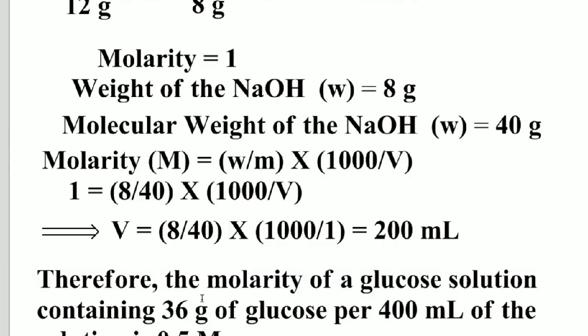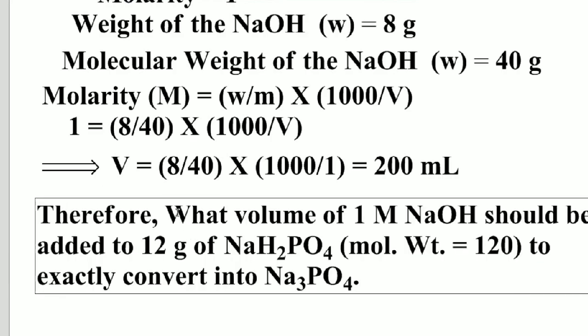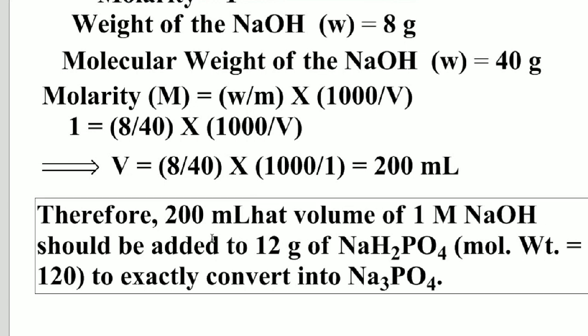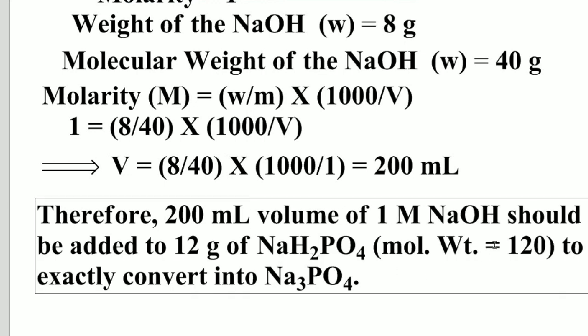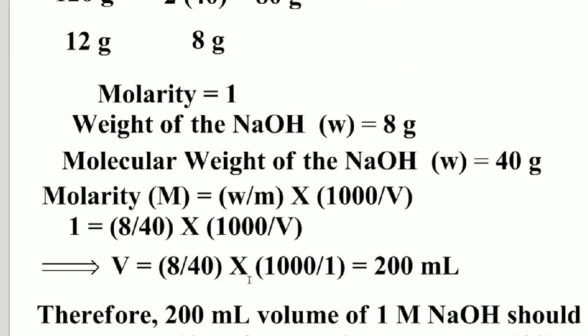Therefore, 200 ml volume of the 1 molar NaOH should be added to 12 grams of NaH2PO4 to exactly convert it into Na3PO4. Okay, students, I hope you understood this problem clearly.